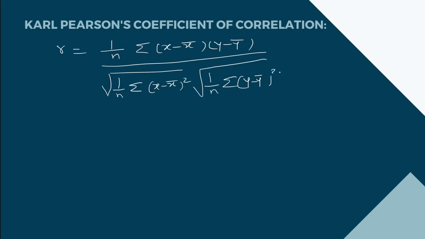This is the standard deviation of random variable y. This is the formula for Karl Pearson's coefficient of correlation.